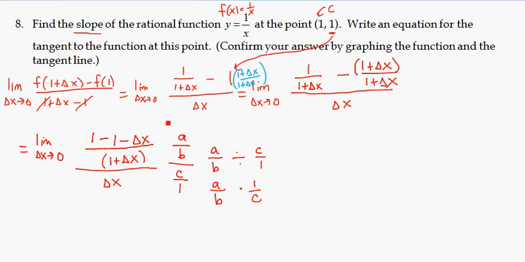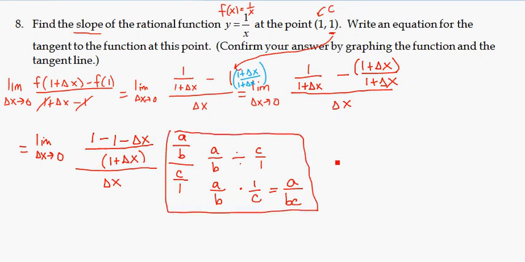So in this problem, the a is this complicated numerator, this is my b, this is my c, and then over 1. The point of this whole thing is that I can combine my two denominators. I can bring this delta x down.